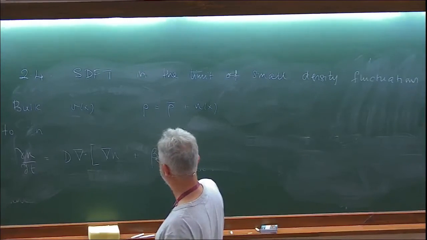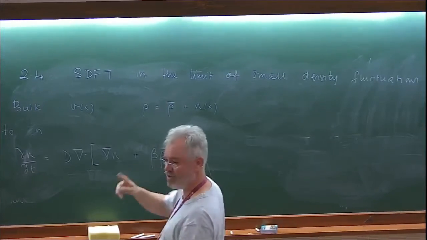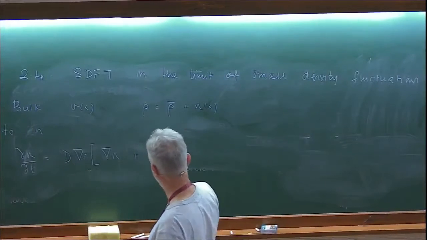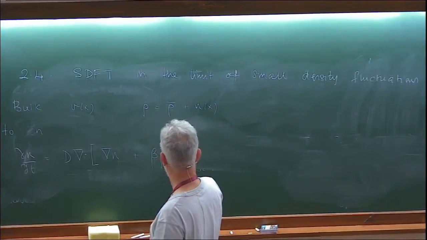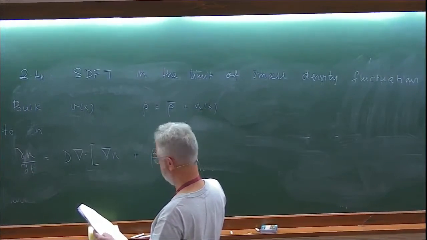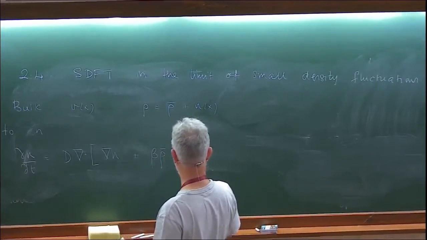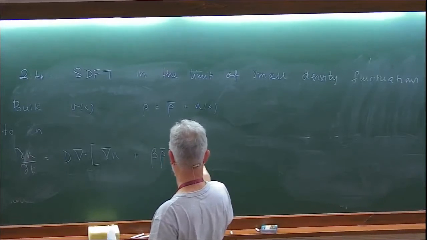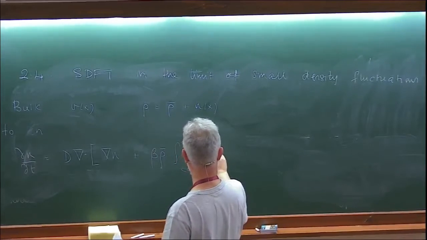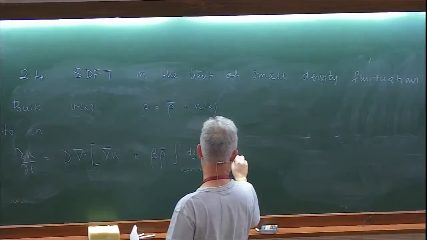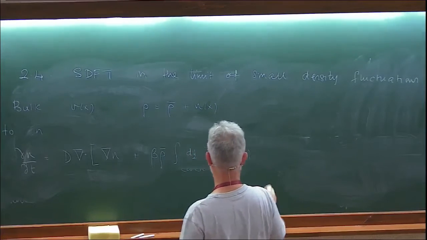So this is rho bar plus n. Okay, so you have rho grad u, so this is the rho bar that comes from here. And then you have the integral, okay, integrated over y, so here you're going to have the gradient of v of x minus y times n of y.